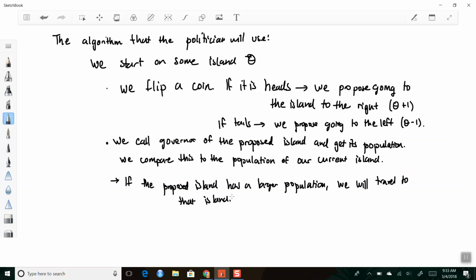Because we say, oh yeah, it's a bigger island than ours. We want to make sure we get more visits at these big islands. Let's go.